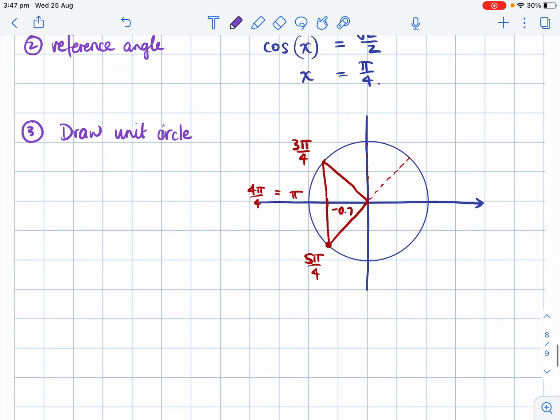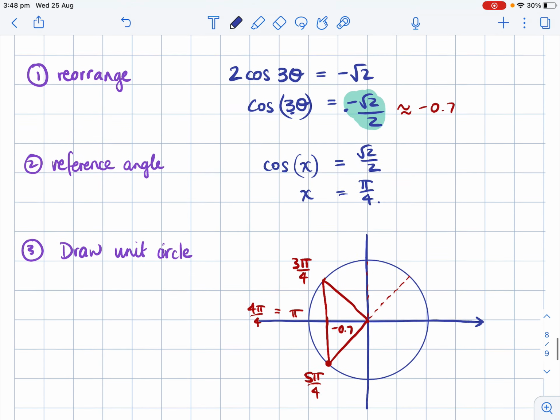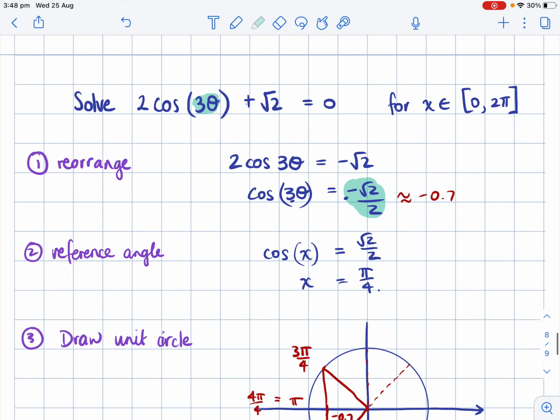Now I'm going to start step 4, which is to find all of the solutions that I need in the set range. The first thing I'm going to do is work out what my set range is. Let me back up to the top here and double check my information.